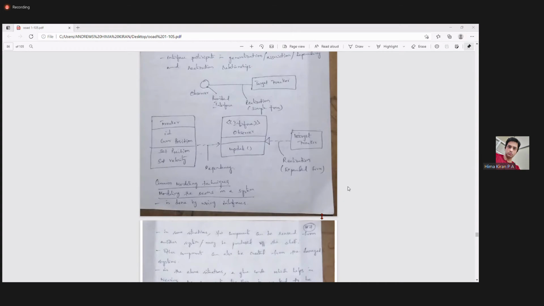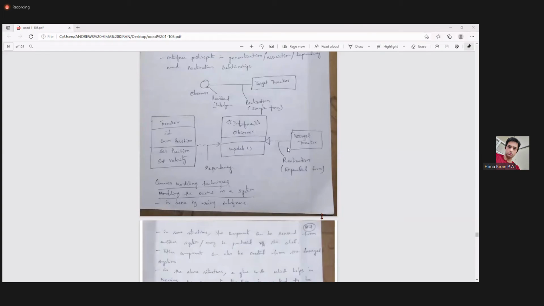When do we have to use a realization relationship between two classifiers? No, your answer is wrong.